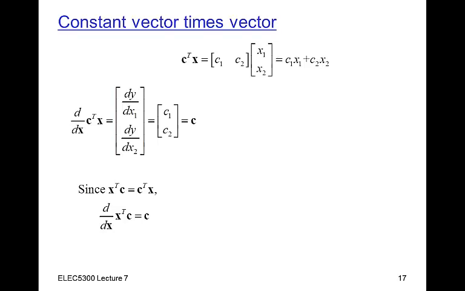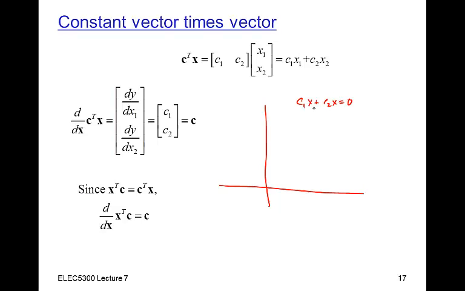In this case, if I look at the lines of constant height, let's say I say c1 x1 plus c2 x2 is equal to, let's say, 0.